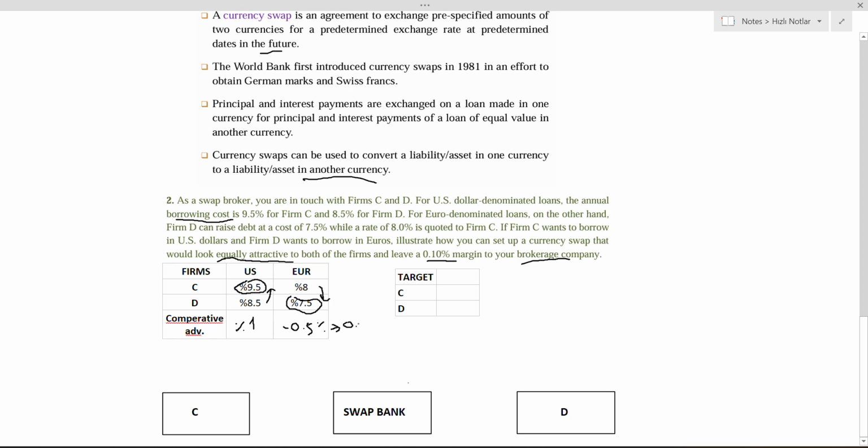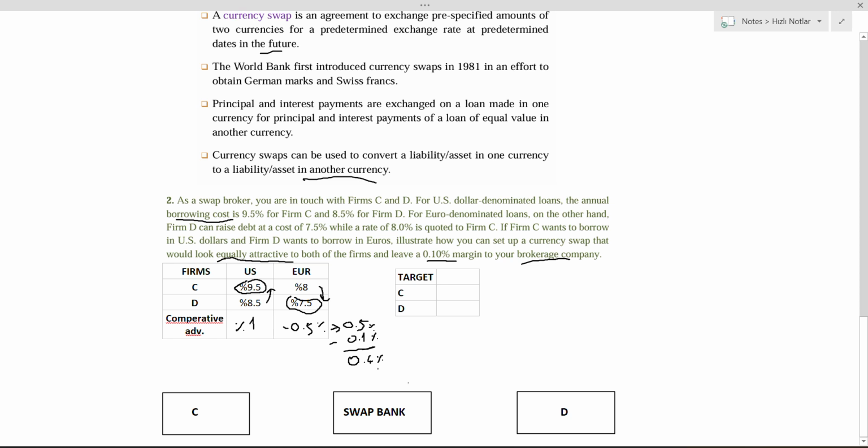Actually 0.5%. 0.5 is our net advantage. And we need to take our commission, so we also want to be happy. Therefore the net advantage that we can use from C and D is 0.4%.